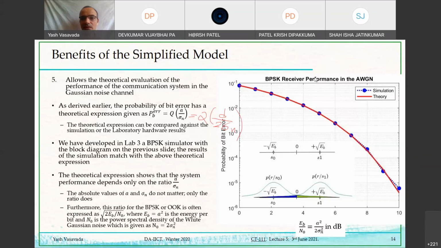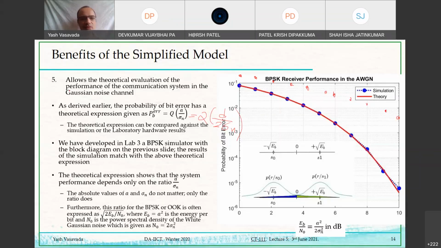But sometimes what will happen is these blue points, instead of lining up nicely like this, will be like this. Let me draw the blue points in red only for the time being, but maybe let's say the blue points are like this. You see, for different values of SNR, my blue points are actually showing performance which is far worse than what the theoretical expression shows.